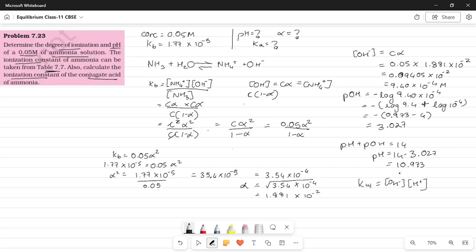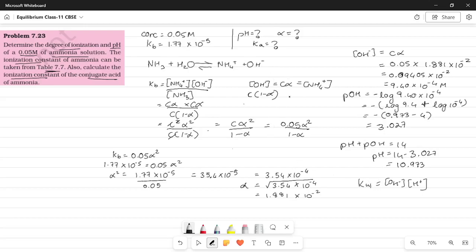So you can do it either way. I just found this was easier, and if I remember correctly, your textbooks go through it with Kw, but you can do it this way too. If you want me to explain that, I can definitely do it if you drop a comment in the comment section. So that's how we calculated the value of pH.